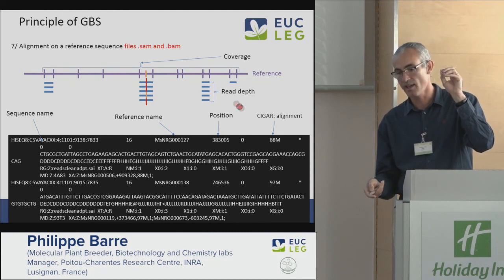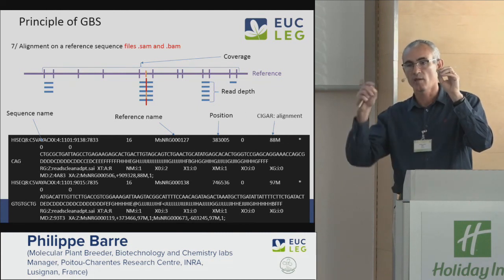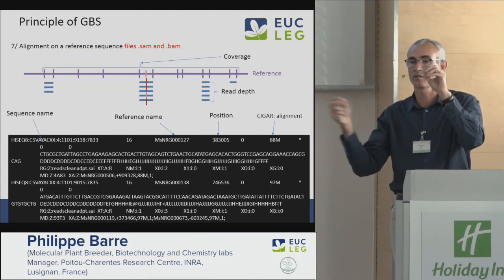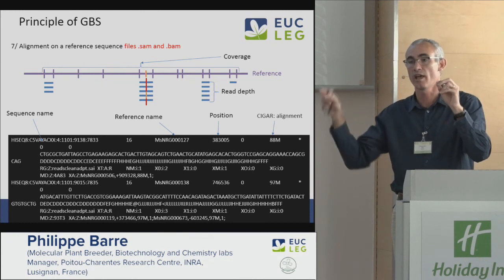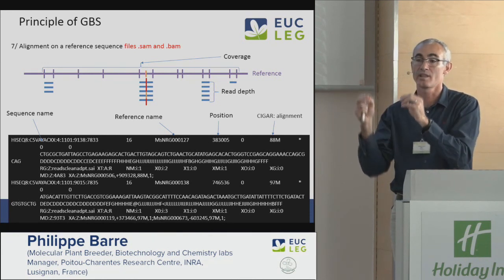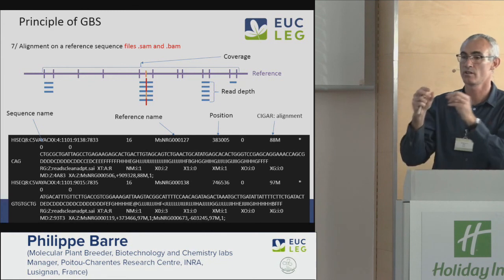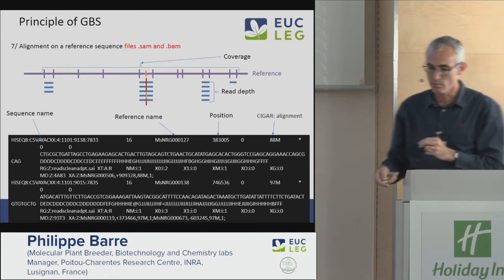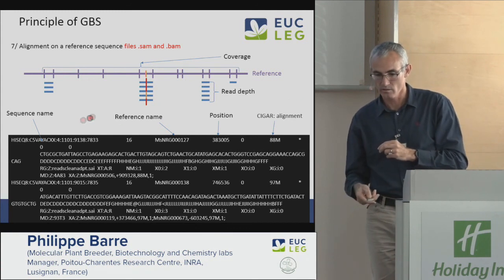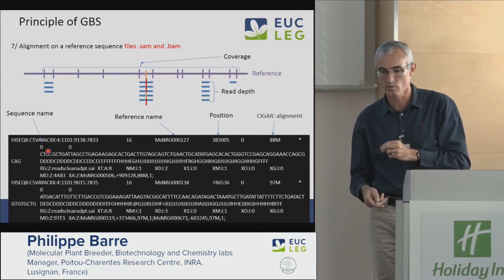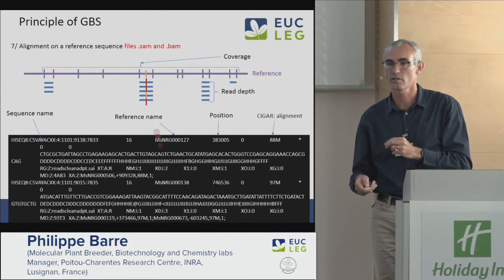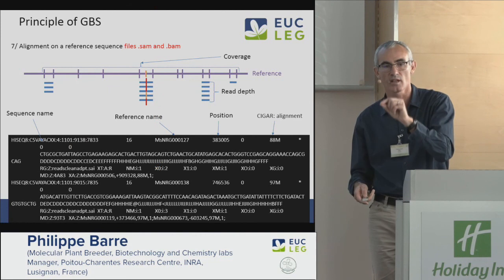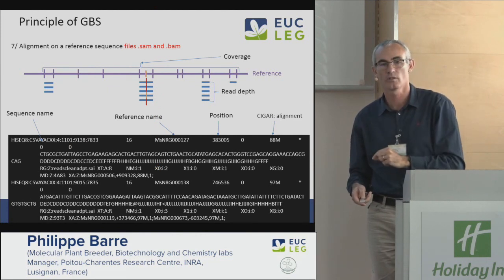For 88 bases, M means it's following the reference, but it can be an I or an S, depending on if you have an insertion, for example, or a deletion. So it tells you the correspondence between the read sequence that you have here and the reference sequence. So at each position, you will know, okay, the read sequence is that, and the reference genome is that.